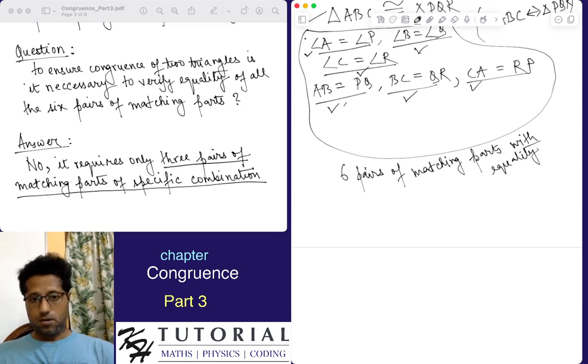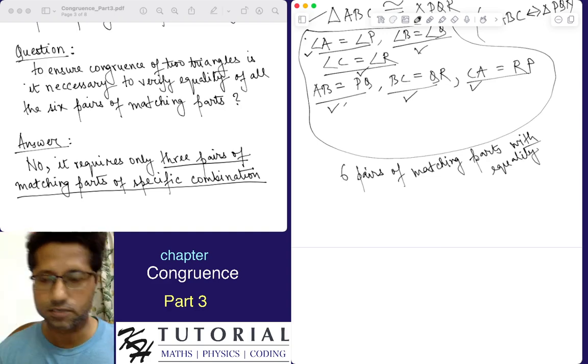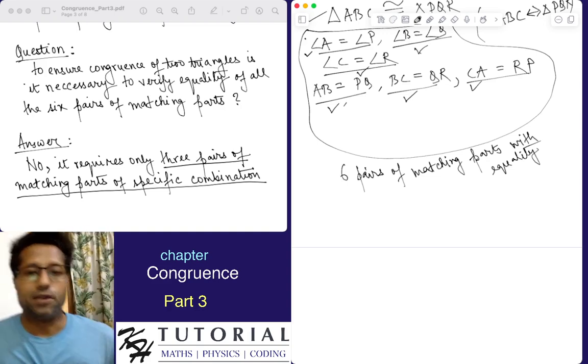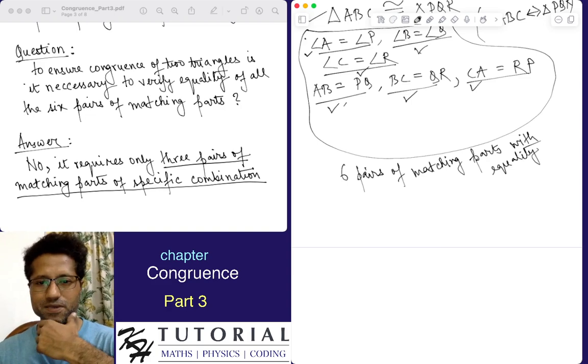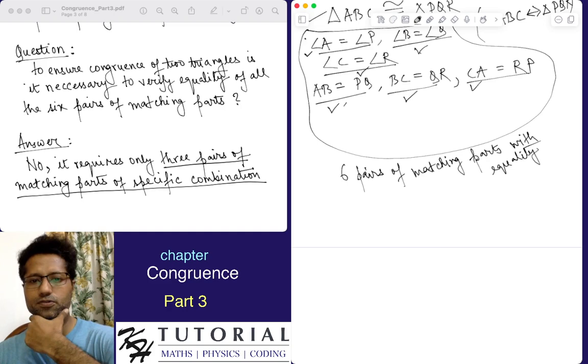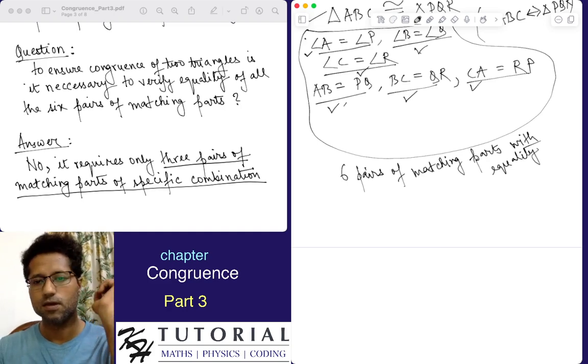Now, this sentence says a lot of things, and it is very hard to explain what exactly is meant. It says 3 pairs of matching parts of a specific combination. Forget about the specific combination for the moment: 3 pairs of matching parts.